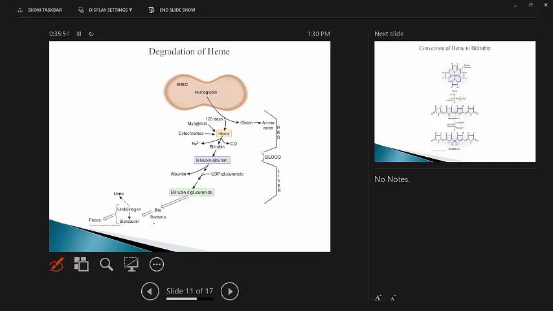And do you know what the RES is? Say it loud. Yeah, reticuloendothelial system. And what's involved in that? Macrophages, yeah. Okay, what else? Spleen. Okay. Lymph nodes. Okay, and they're all involved in that. So they're actually breaking it down. And then, of course, the liver is dealing with it that way, okay?